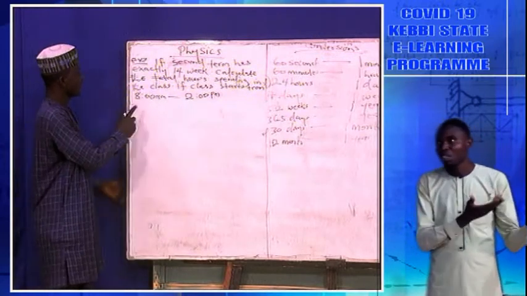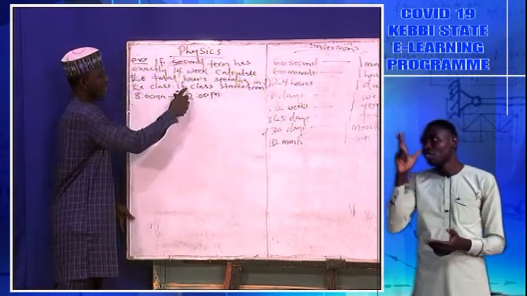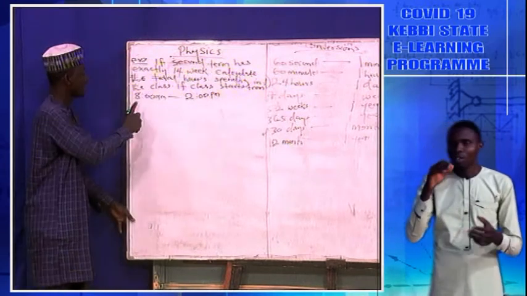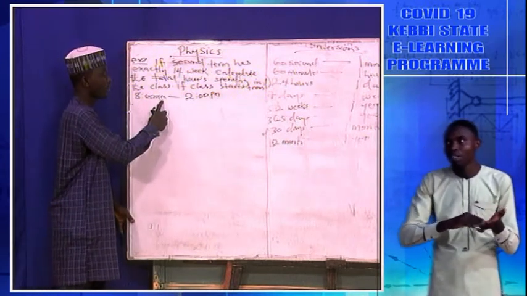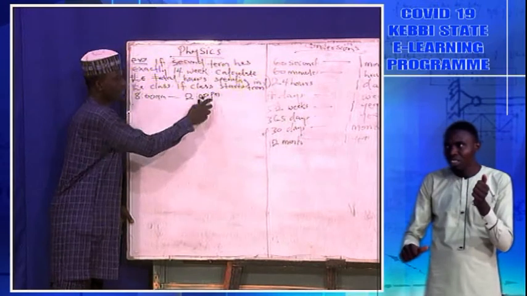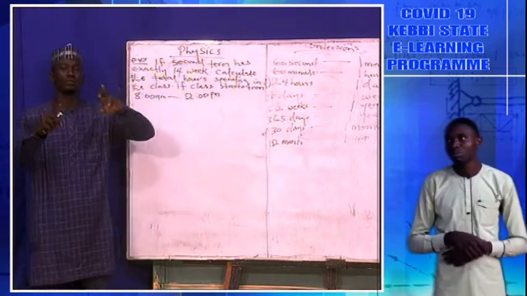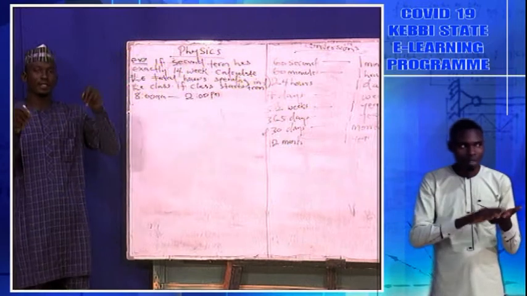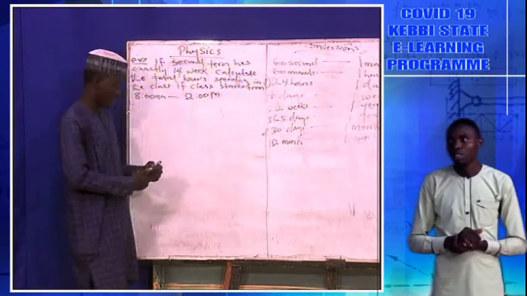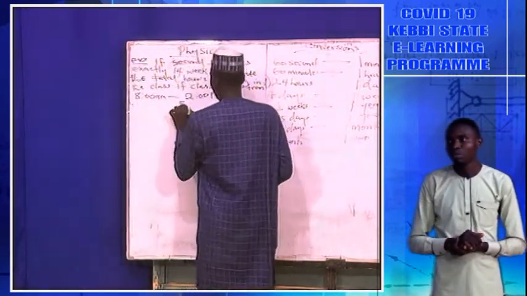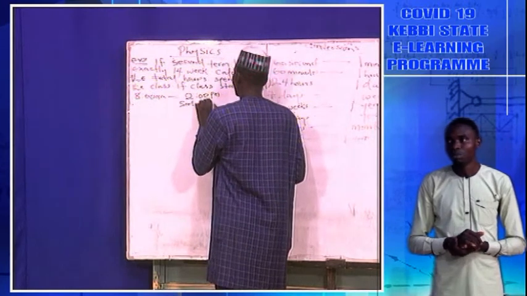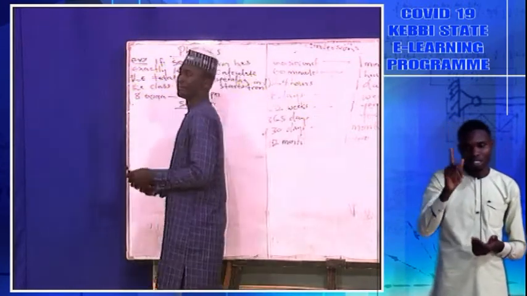We are considering that our normal class starts at 8 a.m. to 2 p.m. So how can we know the total hours we are going to spend for the whole second term? Now, let us go to the solution of the problem.